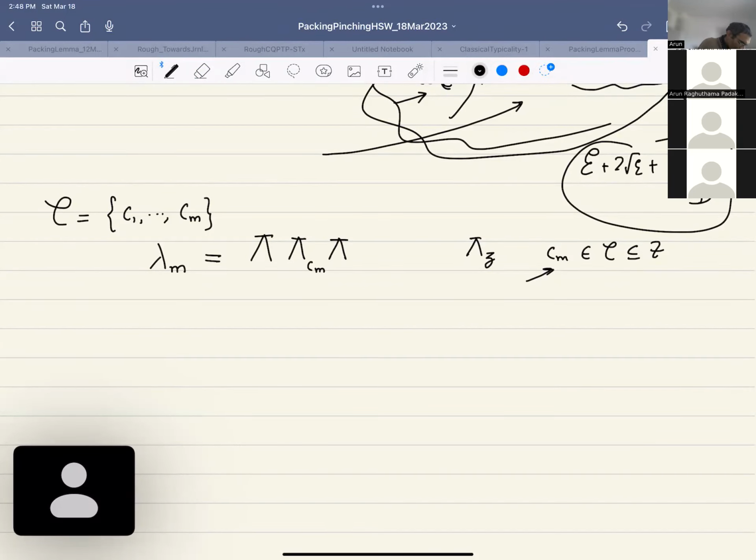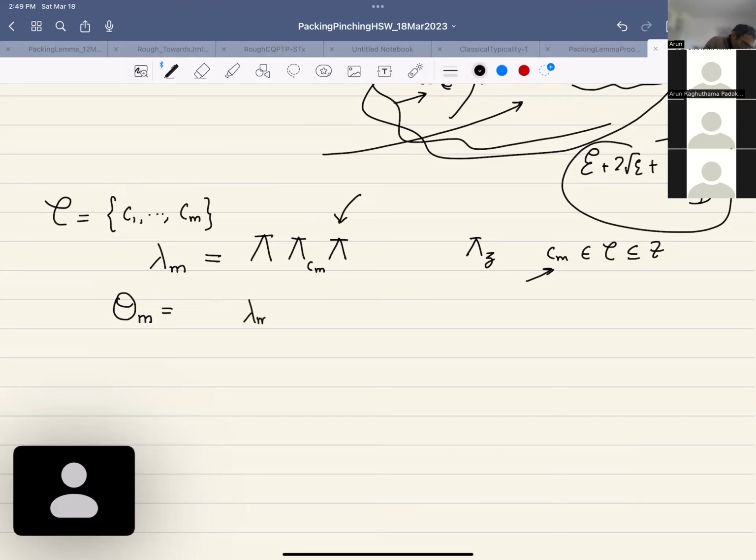Okay. And then I define my theta m to be, theta m has to be a POVM. So when I add them, I have to get the identity. But here, I have no clue whether I'm going to get the identity when I add these lambda m's. So let me do a normalization. That's all I'm doing. But we need the POVM to be self-adjoint, which means I can't just write like this.